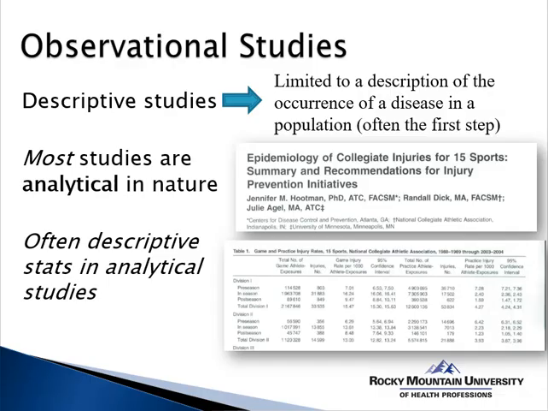Table 1 is just presenting those rates per 1,000 athletic exposures, or otherwise we would know that as incidence density. We would need to do some additional statistics to really analyze things to see if there was a statistically significant difference in those rates between groups. Just looking at it, you might have some assumptions, but you wouldn't want to draw conclusions without doing that next step.